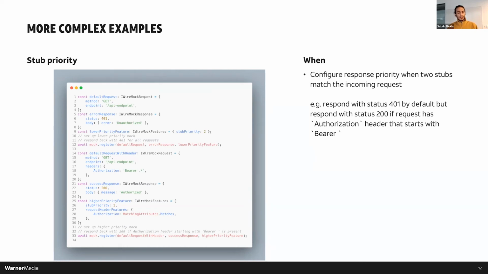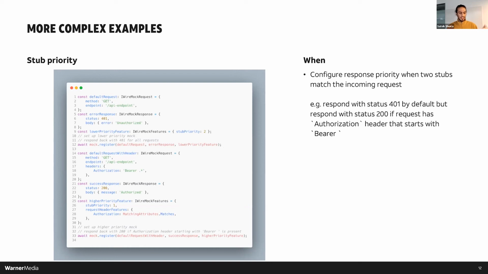So for any request that only matches the first mock, we will return back a 401 status code, right? If there is an incoming request that does not have an authorization header, we will return a 401 status code because that is the mock it matched against. But in case there is an incoming request that has an authorization header, it will match both the mocks.